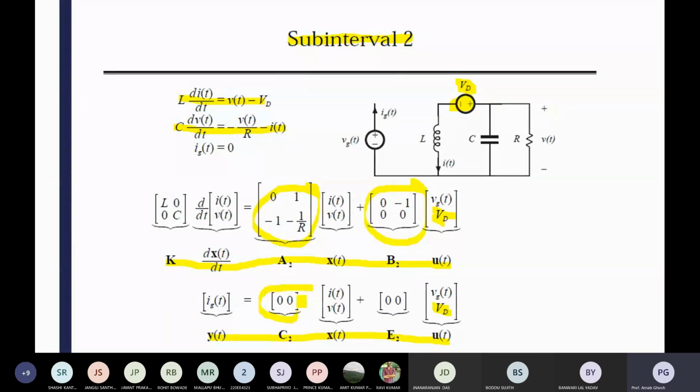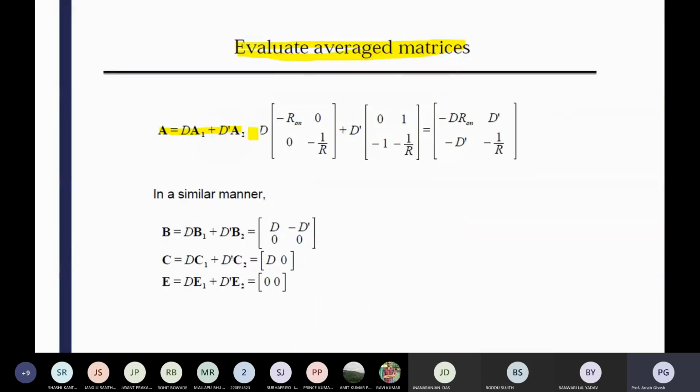So you are replacing the value of A1, this is your A1 value, then A2, this is the A2 value. You can replace them and finally you will get the average value, which is your A. In a similar manner, you are able to get the values of B, C and E. So all the parameters you are able to get. B equals D B1 plus D' B2.